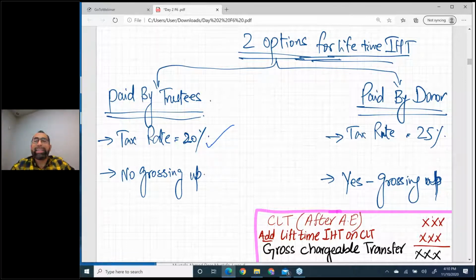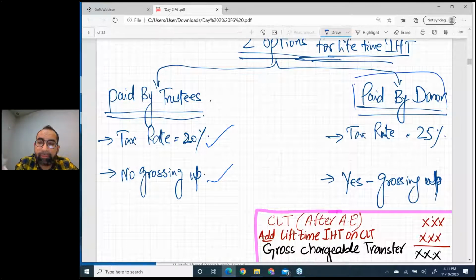Open your eyes. The tax rate to be used is 20%, and there is no need for grossing up. If lifetime IHT is paid by trustees, then you have to use the 20% rate for the calculation of lifetime IHT, and no grossing up is required. But there is one more option.